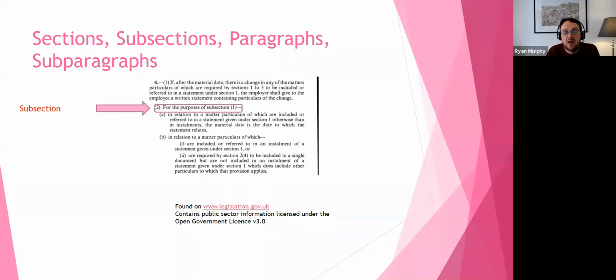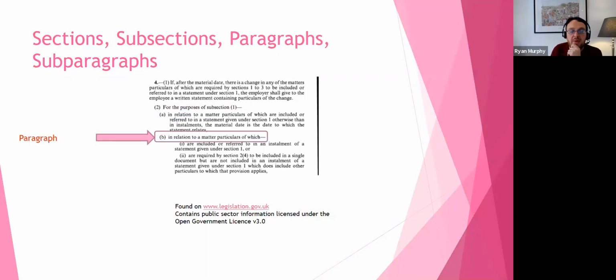That's where a particular rule or principle is too difficult to articulate in a very short paragraph over a couple of lines, and therefore it needs to be split down into its component parts. Then sitting below subsection level are paragraphs.